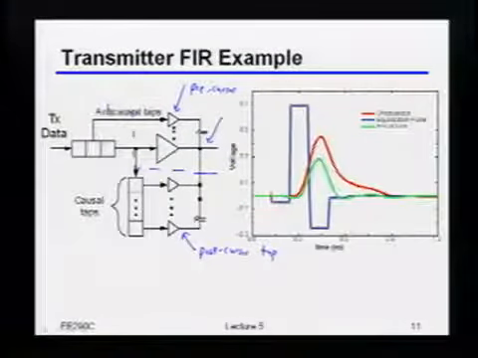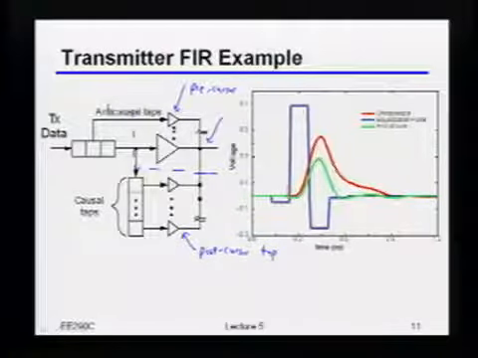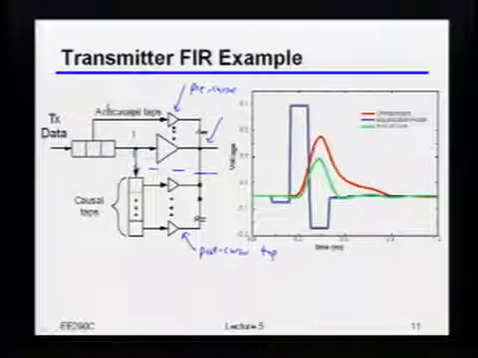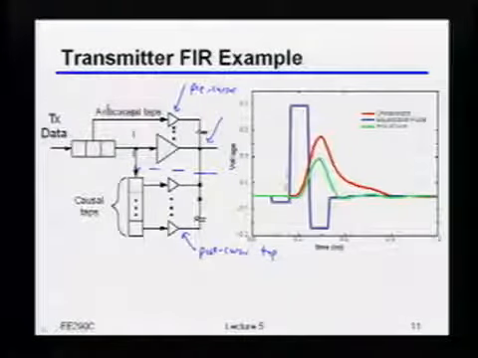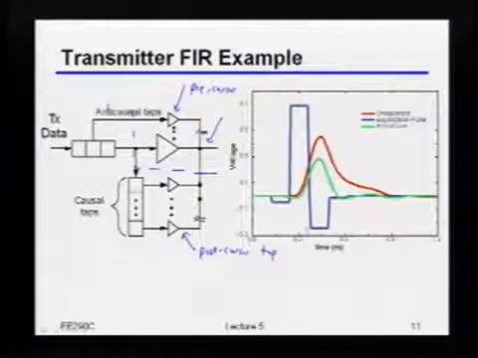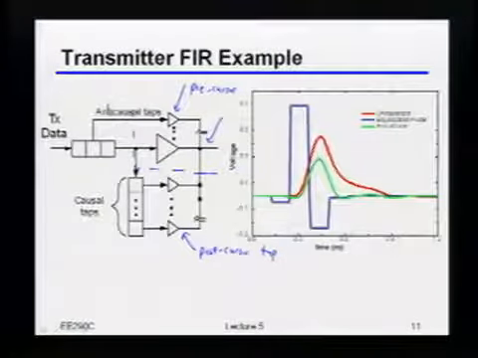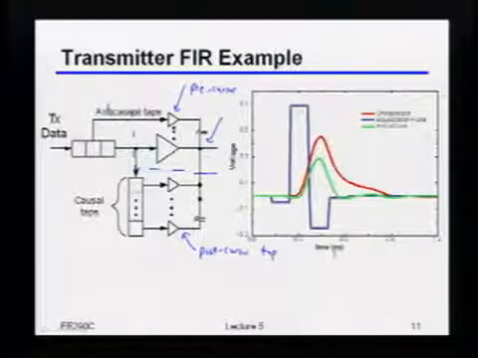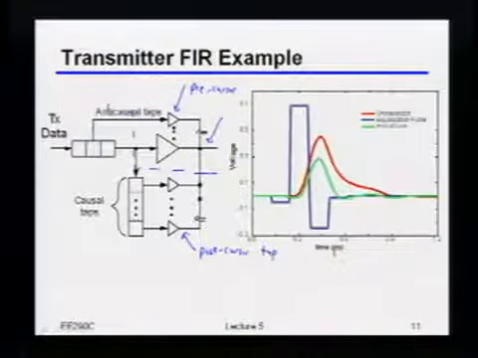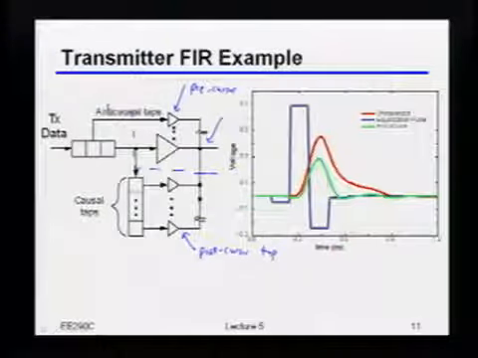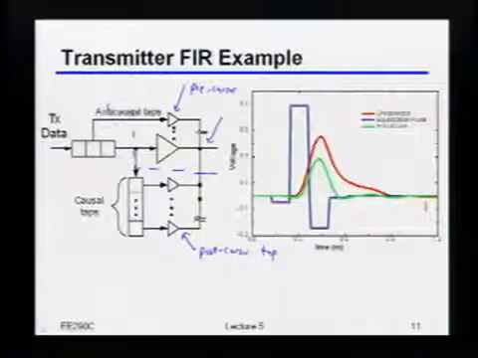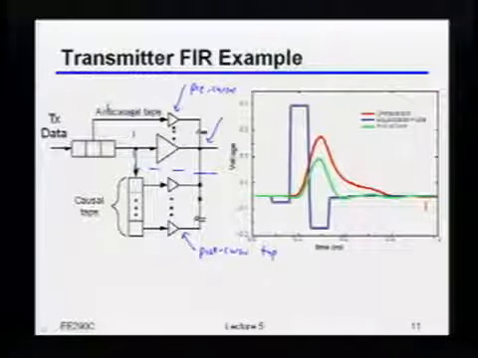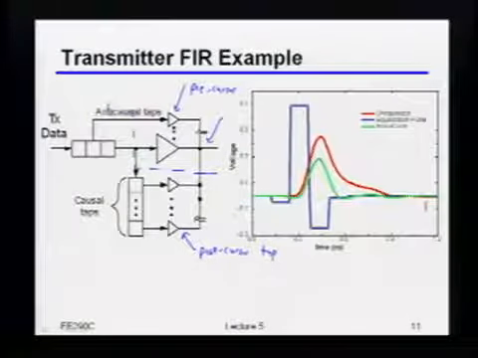This particular pulse has one precursor, which helps kill that initial slow rise. Then it has the main tap, and then a big postcursor whose job is to bring the whole thing down so that you don't have a lot of residual energy left afterwards. So if you've done this right, you can now see a nice, clean bit being received at the receiver. Make sense to everybody?